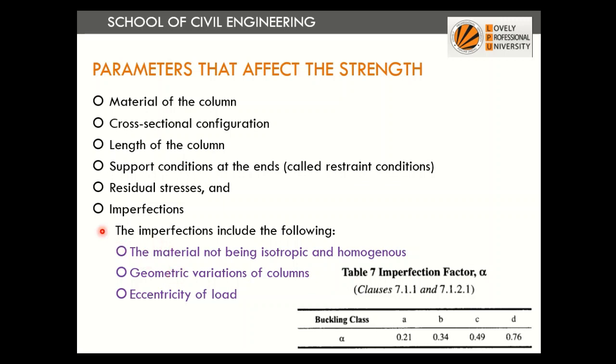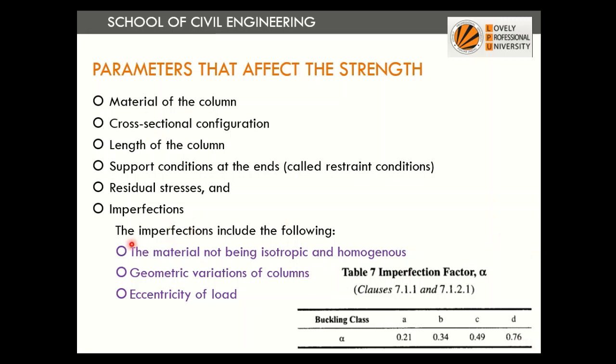To take care of all these imperfections in the column, code has given provision for value of alpha. Alpha is the imperfection factor, and it has classified all the sections into 4 classes: class A, B, C and D. And value of alpha for class A is 0.21, for B it is 0.34, for C it is 0.49, and for buckling class D, it is 0.76.